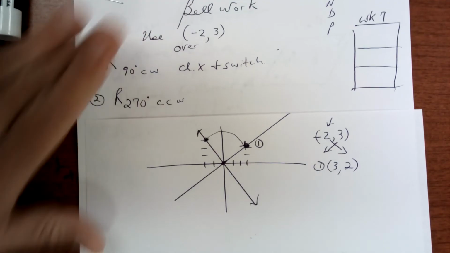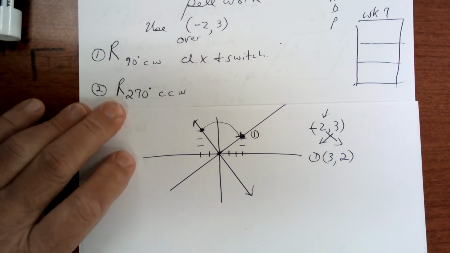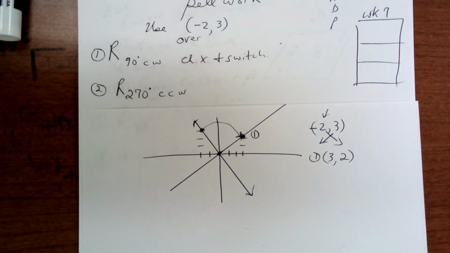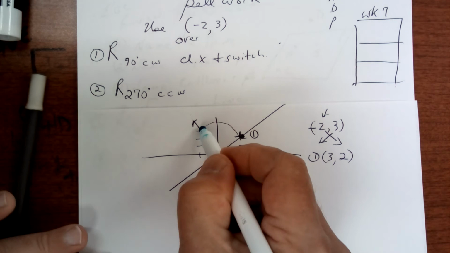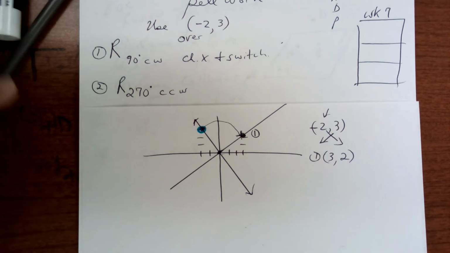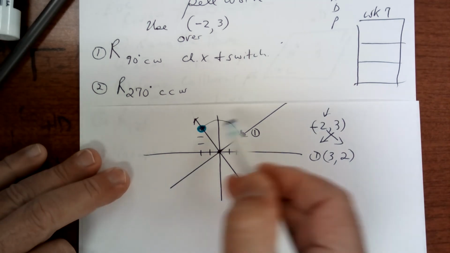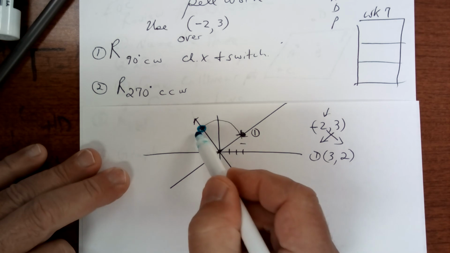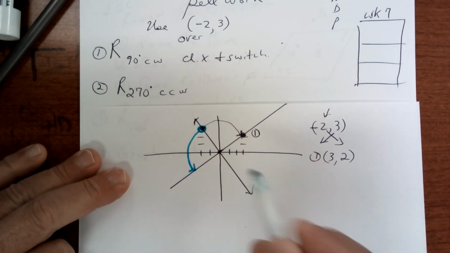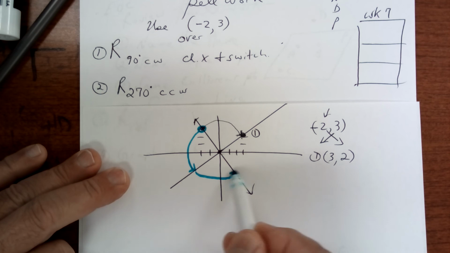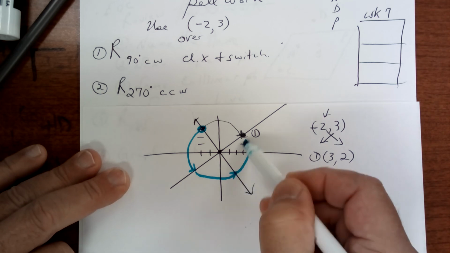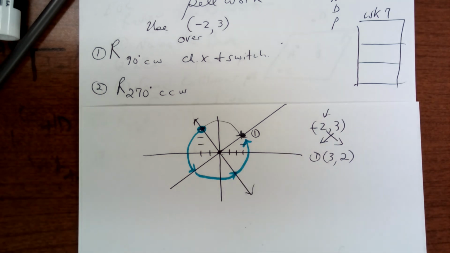This one says 270 counterclockwise. Well, you're starting at this point right here. This is the beginning point. And you want to go 270 in a rotation counterclockwise. So you want to go 90, and then another 90, and then another 90. And you're going to be right there at the same point.